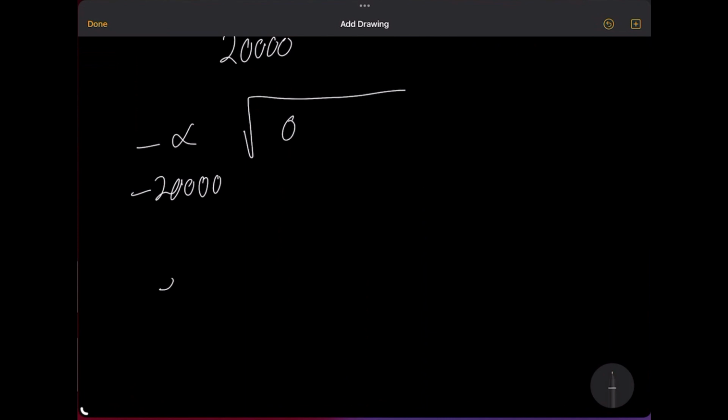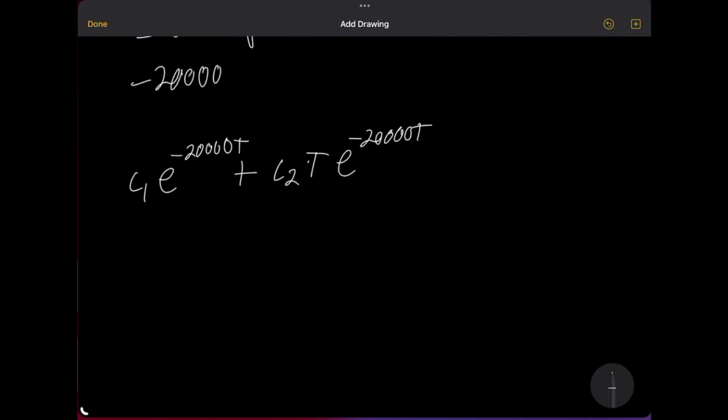You'd write it as follows: e to the negative 20,000 t times (C1 plus C2 t). I'm pretty sure you factor out that e to the negative 20,000, so it might look something like this too: C1 plus C2 t.